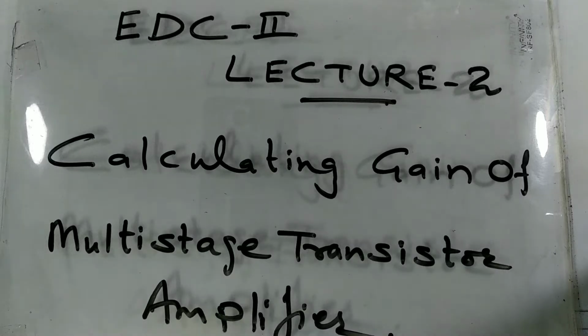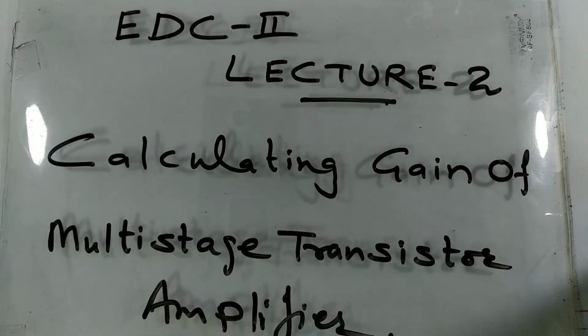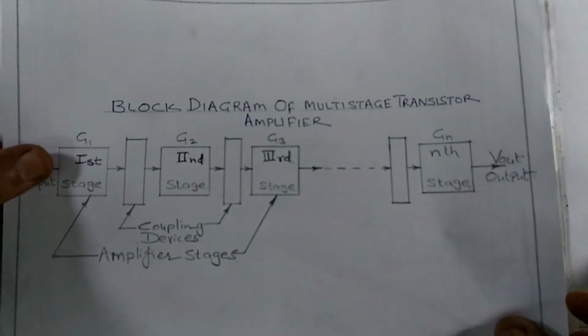Good morning, students. Today we will study how to calculate the gain of a multi-stage transistor amplifier. In the earlier lecture, we have seen the block diagram of a multi-stage transistor amplifier, which was like this.